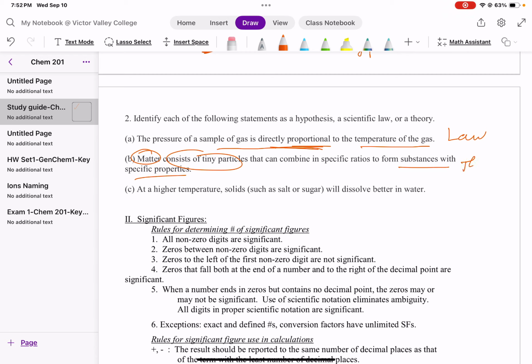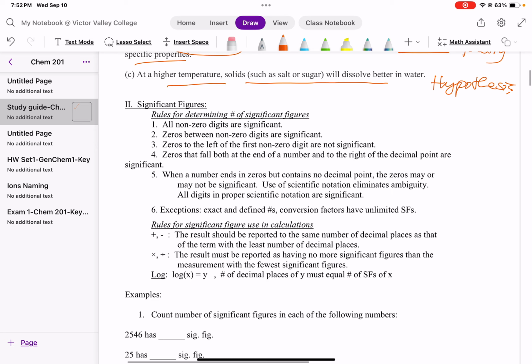So that looks like a theory. And finally, at high temperature, solids will dissolve better in water. It's a hypothesis, not always true though, okay? That's why it's a hypothesis.